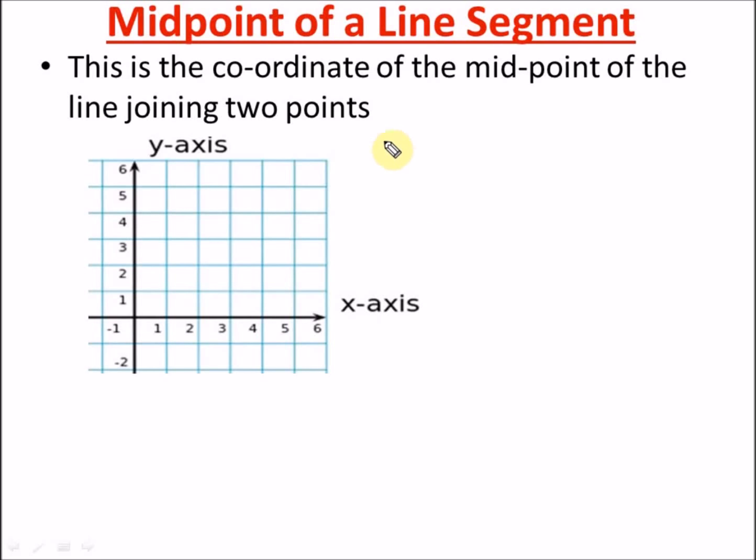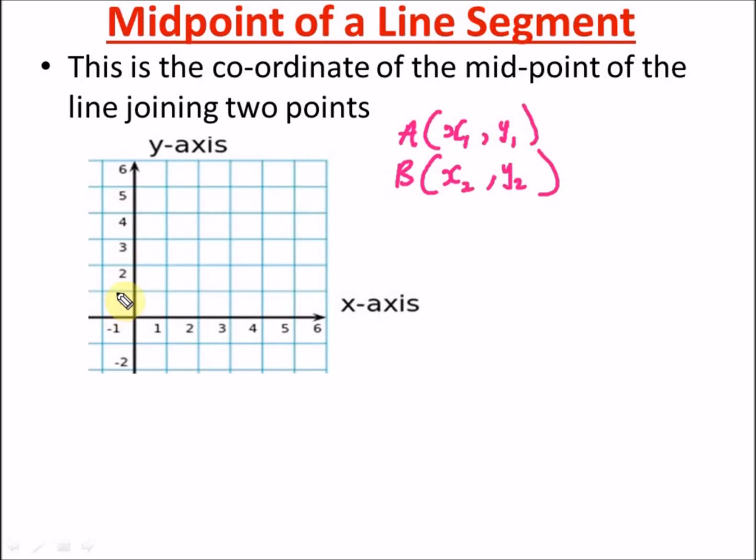Let's say, for instance, we have a point A as (x1, y1), and we have another point B as (x2, y2). So let's trace these points on our Cartesian plane. Let's forget about the numbers.